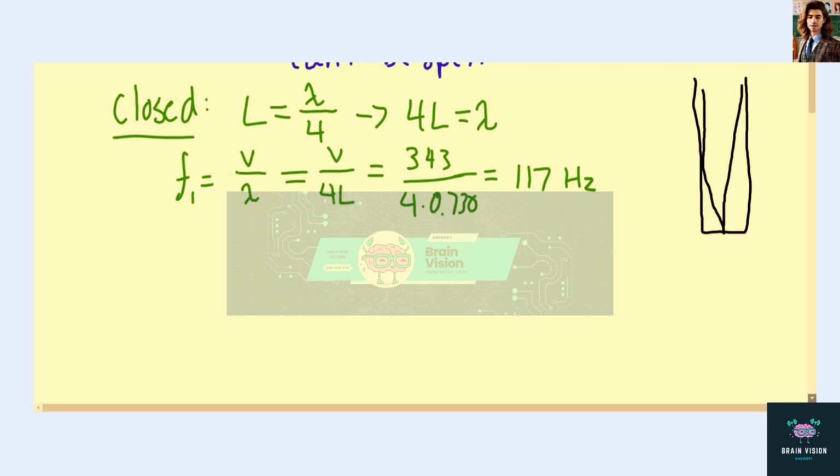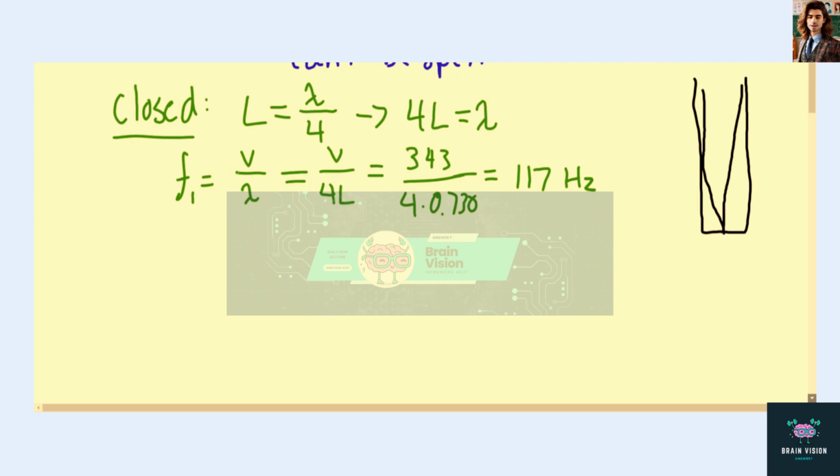But because the tube is closed at one end, the natural harmonics of this tube are not just integer multiples of the fundamental frequency. They're only the odd integer multiples. So 1 times the fundamental, 3 times the fundamental, and 5 times the fundamental, and so on.